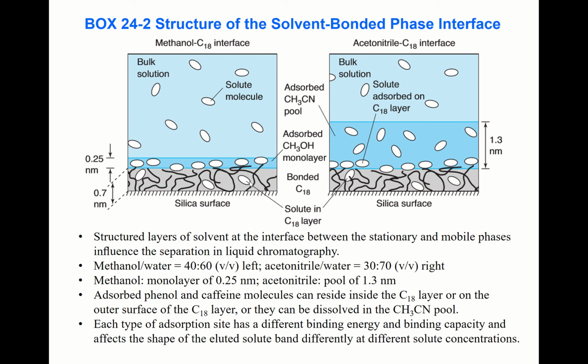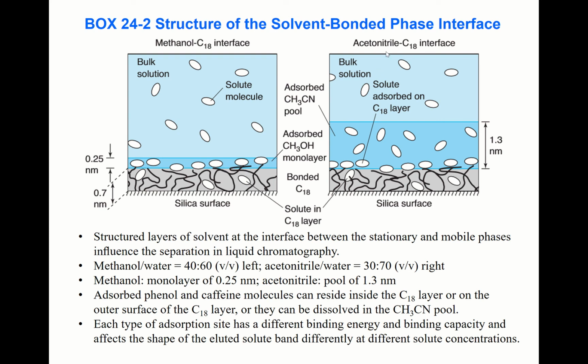Here, with the acetonitrile octadecyl interface, the mobile phase is acetonitrile. This is the silica surface, and this layer is an adsorbed acetonitrile pool. In the methanol case, the methanol layer is simply a monolayer.